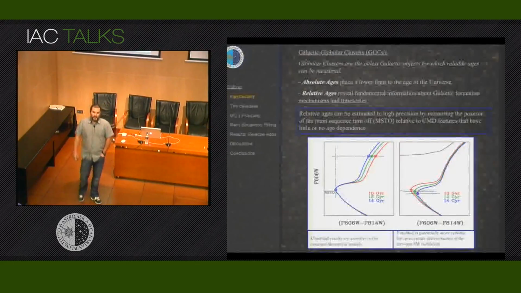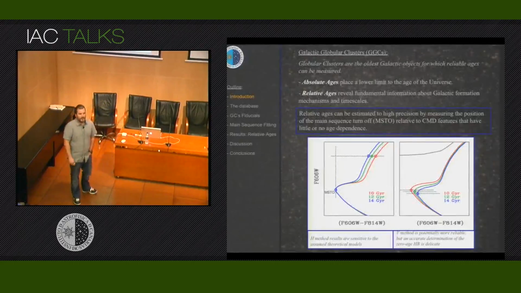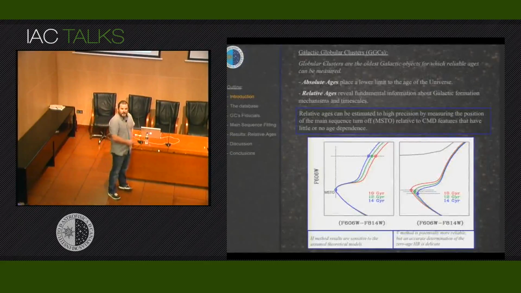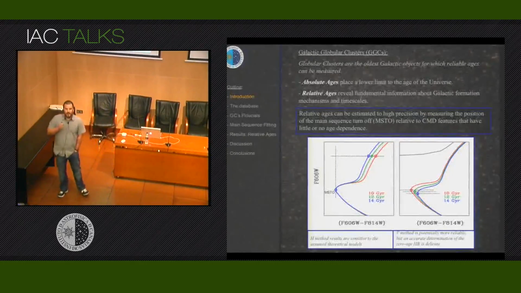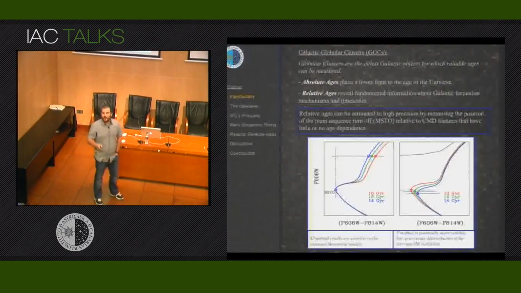But if we focus on the relative ages, we can obtain valuable information about the galaxy formation mechanisms and timescales. So today we are focusing on relative ages, and as I'll show later, relative ages can be determined with precision by measuring the position of the main sequence turn-off relative to different features in the color magnitude diagram.